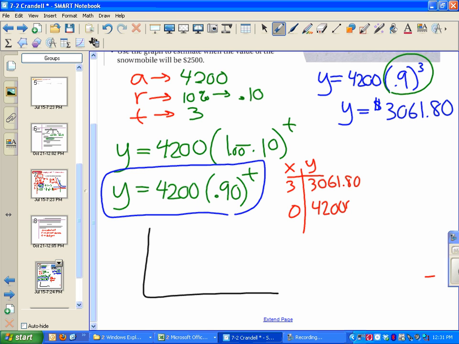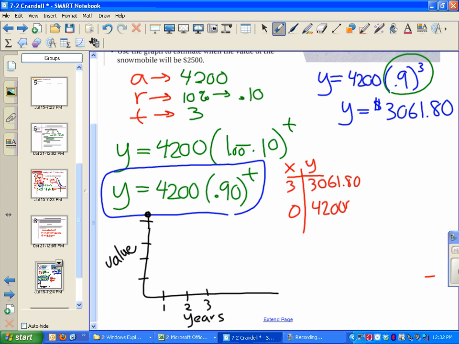So x is the number of years, and y is the value of the snowmobile. At 0, we have about 4,200, so there's the y-intercept.